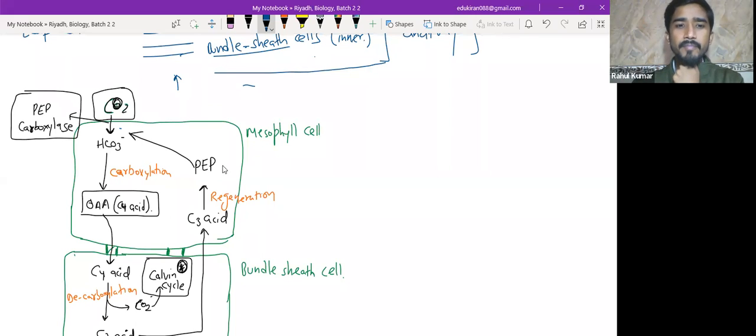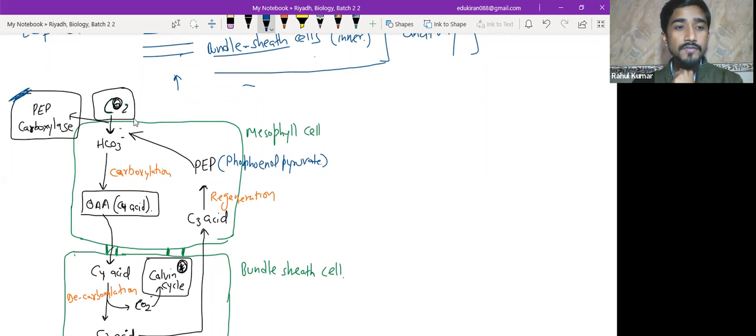Write down the full form of PEP. PEP is phosphoenol pyruvate. P for phospho, E for enol, next P for pyruvate. So carboxylation of PEP happens with the enzyme PEP carboxylase, okay?